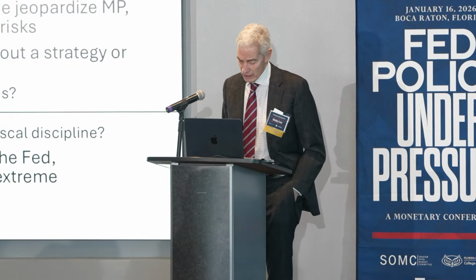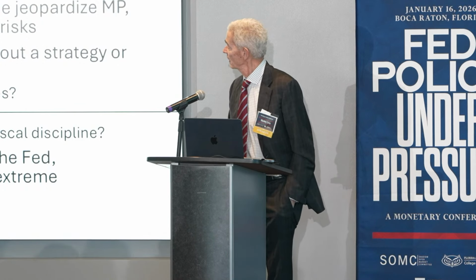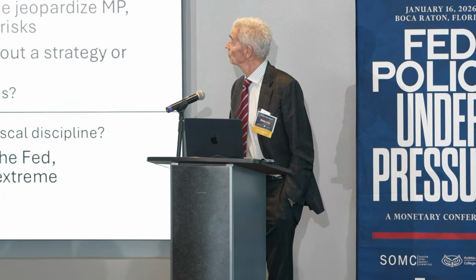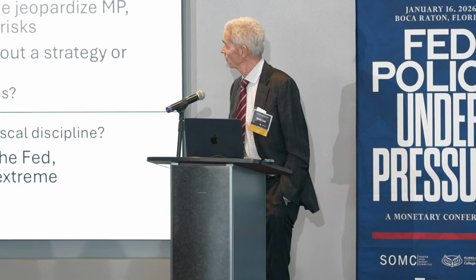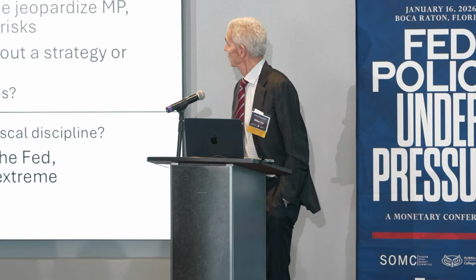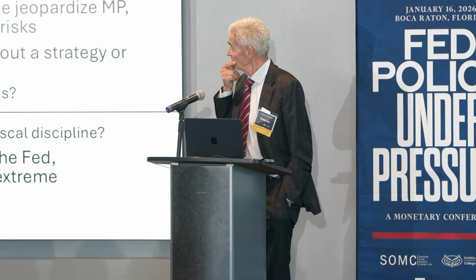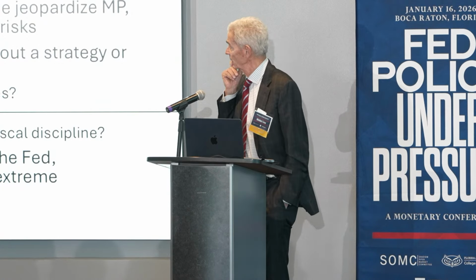And the way I would summarize my position is, while persistent deficits are boosting debt and debt service costs, financial markets remain orderly as of now, and monetary policy dominates, but threats to the Fed independence do jeopardize monetary policy, and undisciplined fiscal policy definitely involves mounting risks.